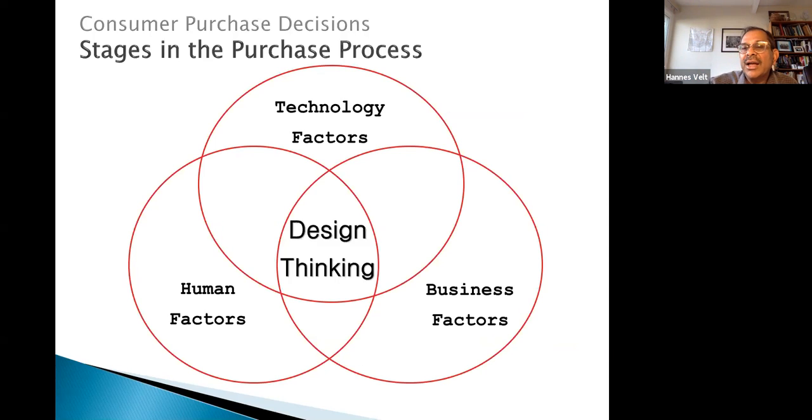The business factors have been taught by the business schools. And then the human factors are taught by now industrial design departments. And companies like Apple and Samsung and Google and so many others are hiring lots of industrial designers.